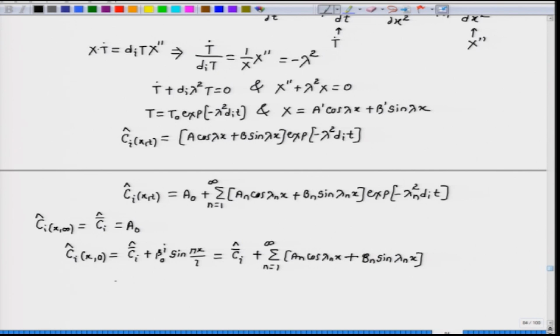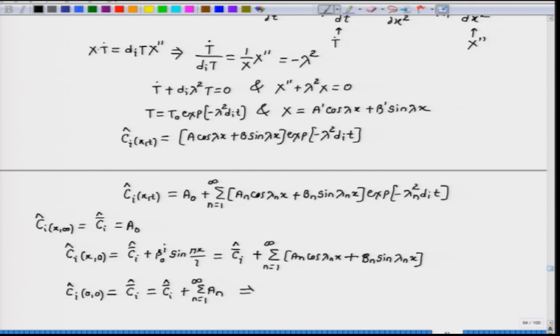Now, if we evaluate this again at x equal to 0, C_i cap at x equal to 0, t equal to 0 should be equal to C_i bar cap, and in terms of the general solution it should be equal to C_i bar cap plus sigma n equal to 1 to infinity; sin 0 is 0 and cos 0 is 1. So, this is the summation of all a n's for n equal to 1 to infinity.